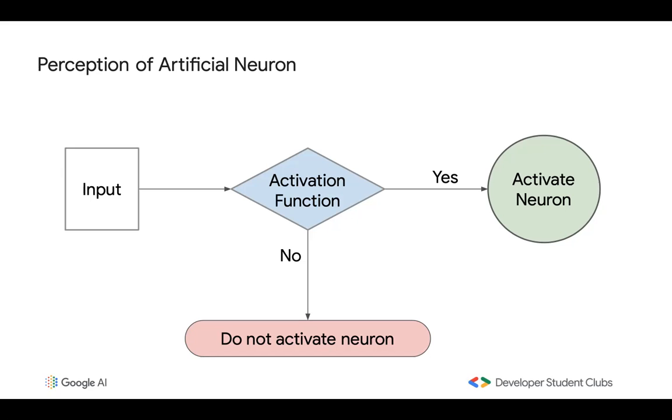So what the neuron does is it sees if the input value it gets meets the activation function's requirements. And if it doesn't meet the activation function requirement, it doesn't do anything. It goes into the red box. But if it does meet the activation function requirements, that means it has to do something to the data it got, and it should pass on the output from that to the next neuron.